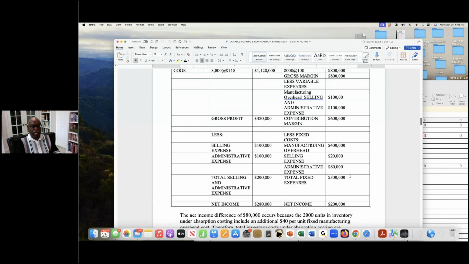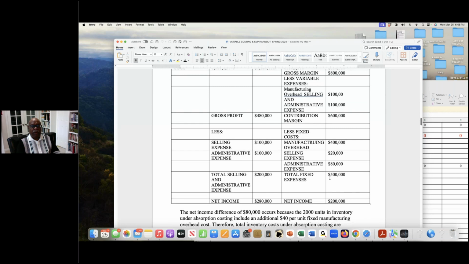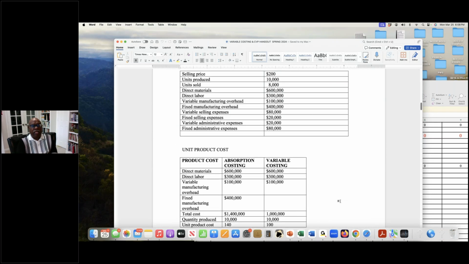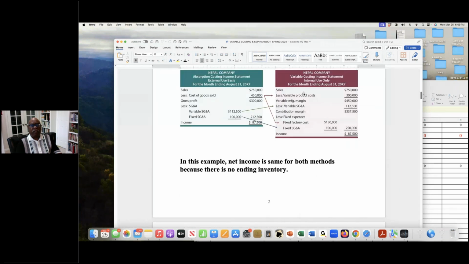And so the net income then is going to be lower because all of the overhead is in the cost over here, only a portion over here. So you just have to realize that, I'm not overly concerned about it, but you basically know that as we operate now, the sales less the variable product cost gives us the variable manufacturing margin. Less the variable selling and administrative expenses gives us the contribution margin. And then we have the fixed expenses to give us the net income.